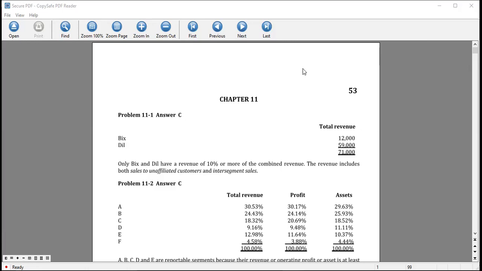So the total revenue is 83,000. Now, for ALO, if we divide the total revenue of 8 million over 83, it's not 10%, because the requirement is that the revenue of this segment should be 10% or more of the combined revenue.